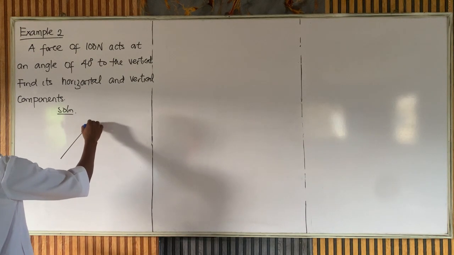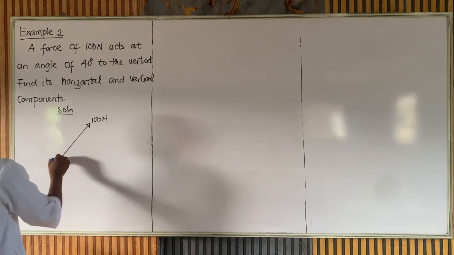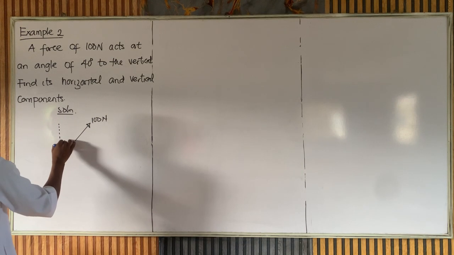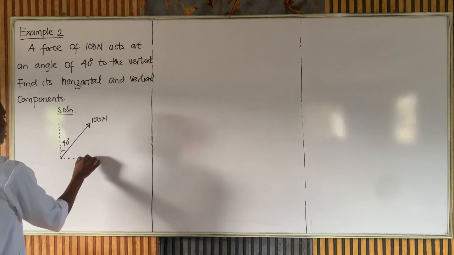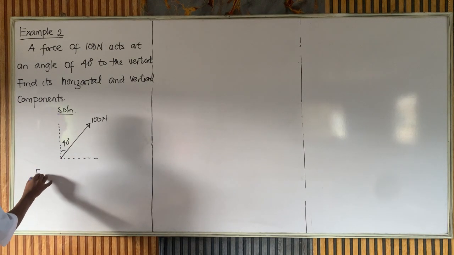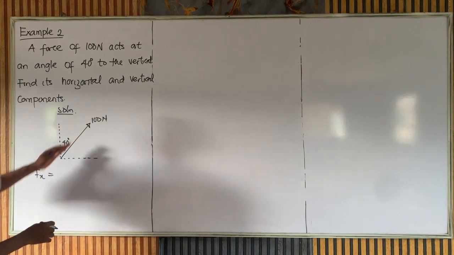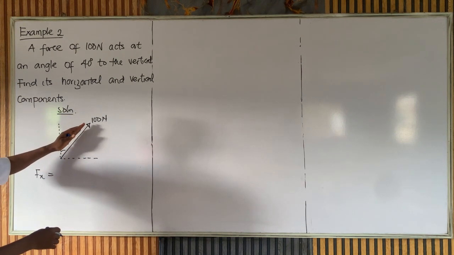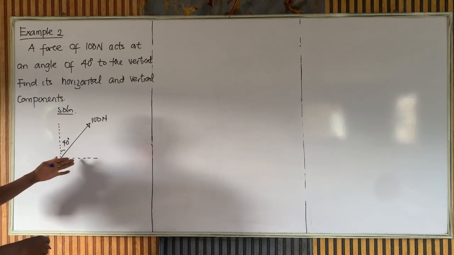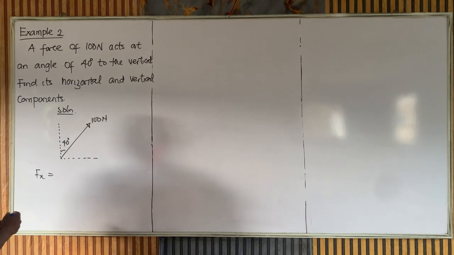Let's say this is the force, 100 Newton, making an angle of 40 degrees to the vertical, and this is the horizontal. Now, if I'm looking for the horizontal component, that is what we call Fx. Because this force is not inclined to the horizontal, there's no angle towards the horizontal. Though you can still go and get the angle here, which is 50 degrees, you don't need to do that.